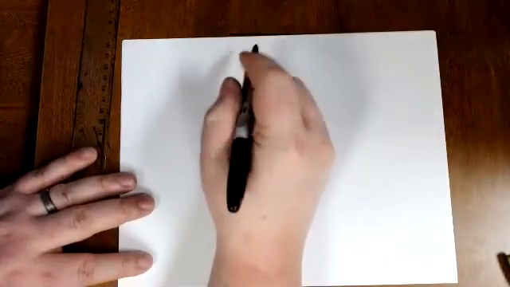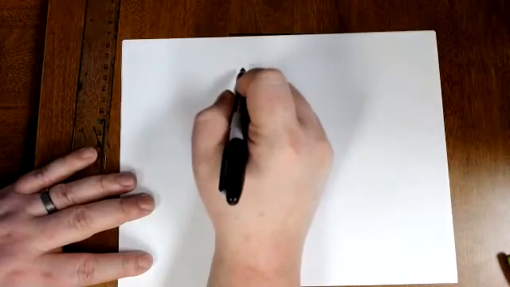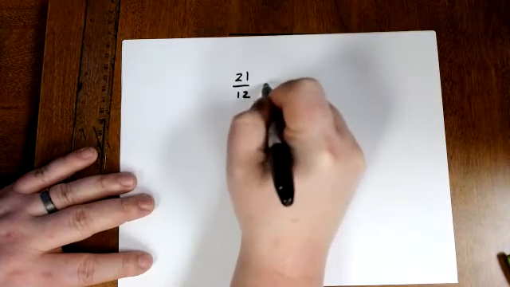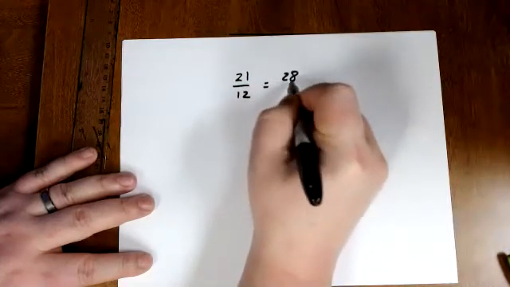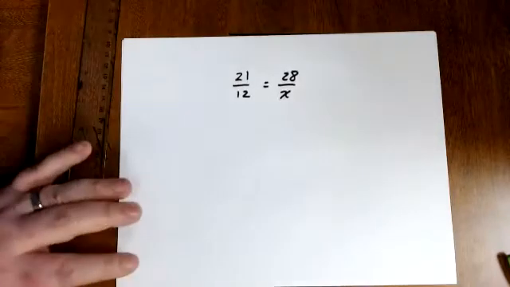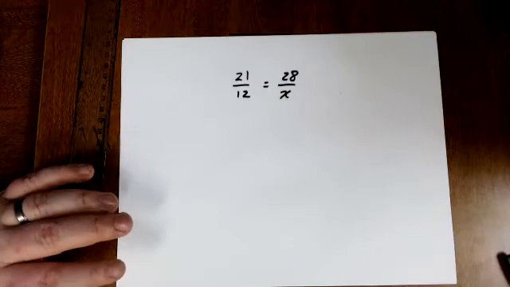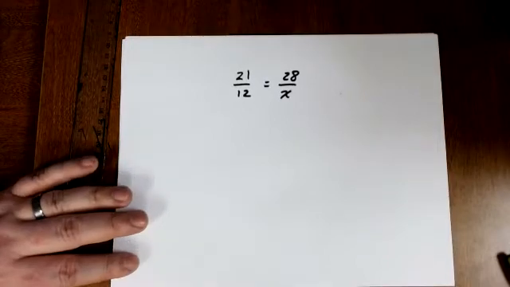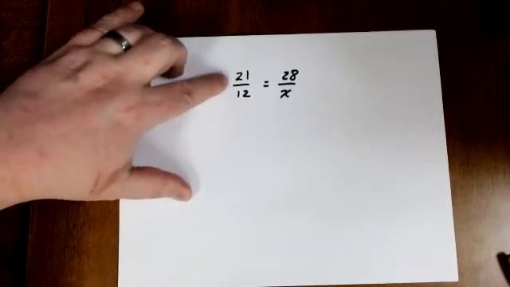So, just in case you wanted to see that again, you try this and try it by reducing your fractions. Try solving that just by reducing your fractions. So 21 and 12 are both divisible by 3.